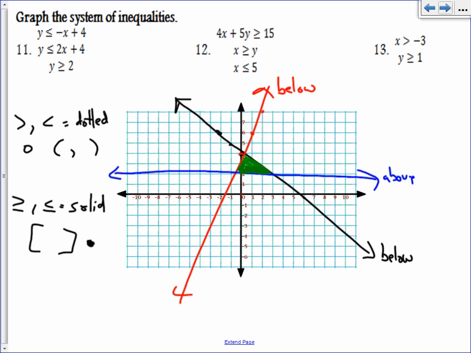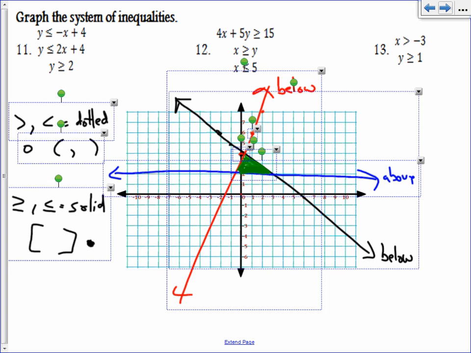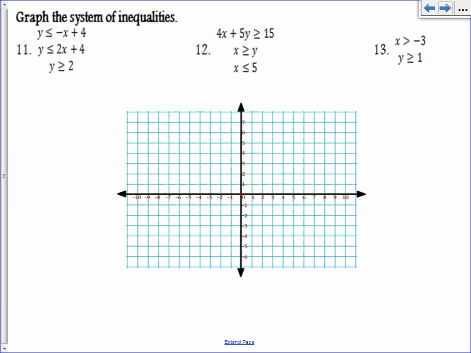Again, in number 12, you need to solve it for y. So you're going to have a line that has negative slope. Don't forget here in number 13, guys, x is greater than negative 3, that's a vertical line and it's dotted. So that's dotted and greater than is to the right. Every once in a while I'll have somebody mess this one up because of the greater than negative 3. They won't think about where the numbers are greater than negative 3 at.